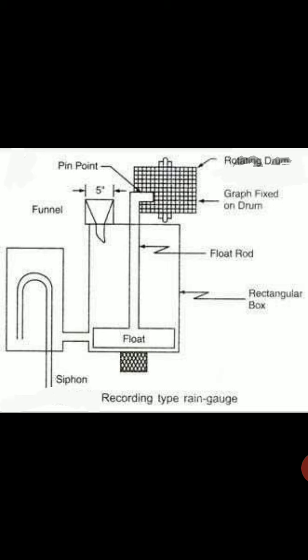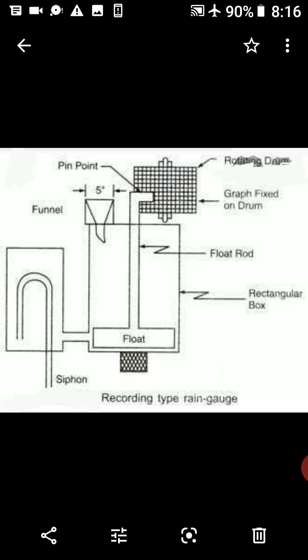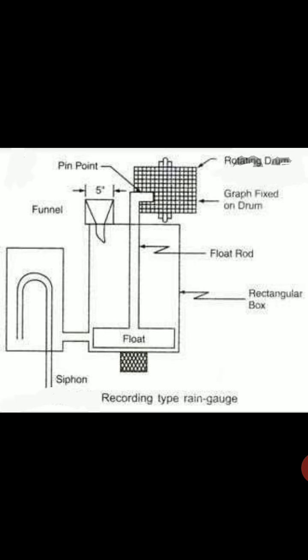Fifth point, there is some loss resulting from rainfall splash from the collector. Sixth point, the most serious error is the deficiency of measurements due to wind. Vertical acceleration of air forced upwards over a gauge gives an upward acceleration to precipitation about to enter the gauge and results in deficient catch.